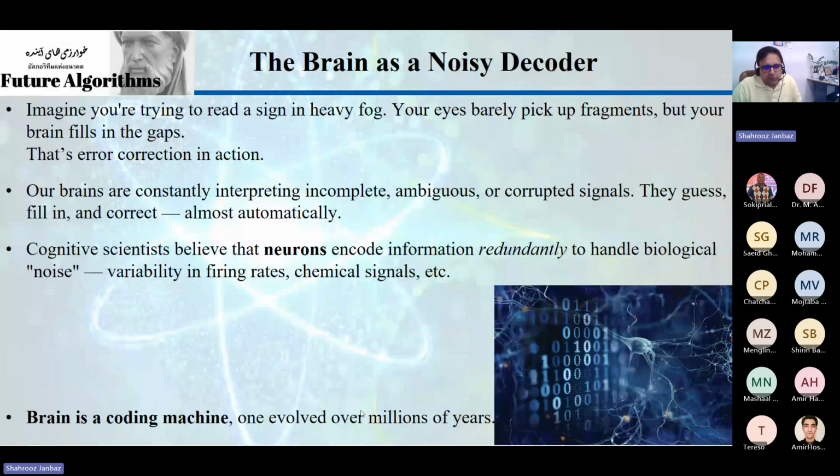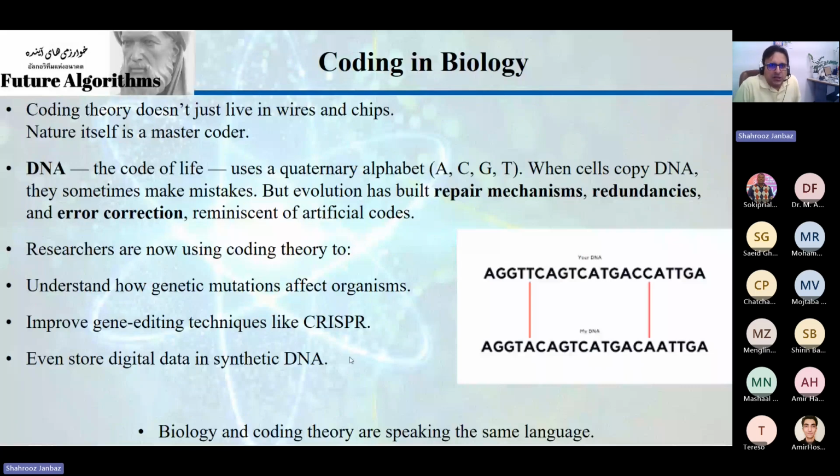So the brain is a decoding machine, and it has evolved over millions of years for the best decoding when we see many pictures.